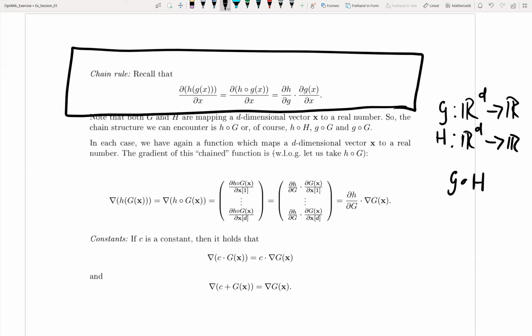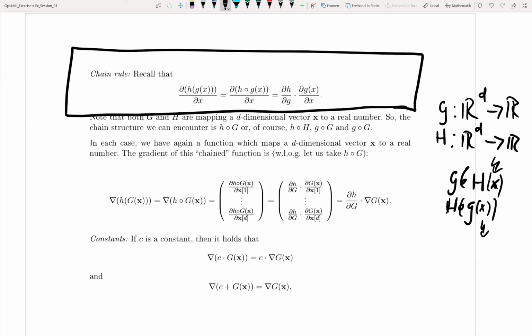So in either way, h composed with g or g composed with h, both are not well defined, because first you would map the d-dimensional x to a real-valued number, but g wants a d-dimensional vector as well, so this would be not defined, and here, of course, the same. So we have a problem when we look at the composition.